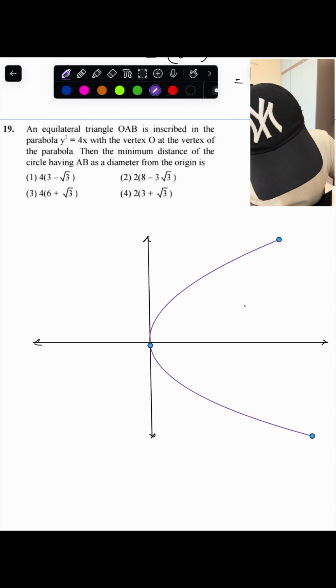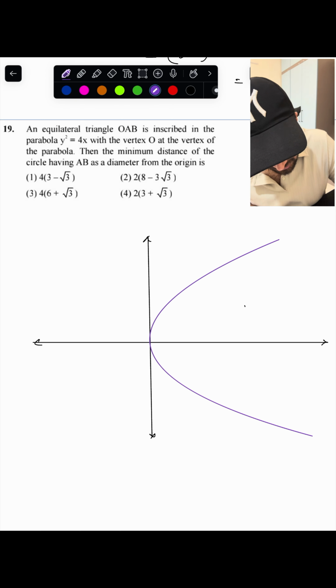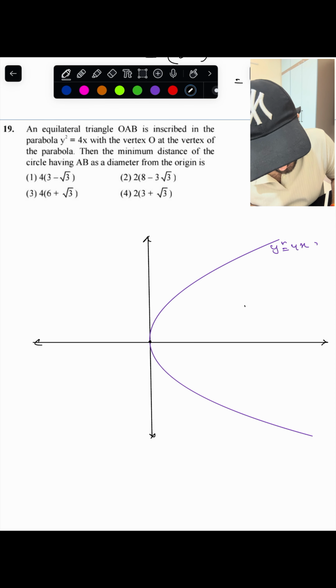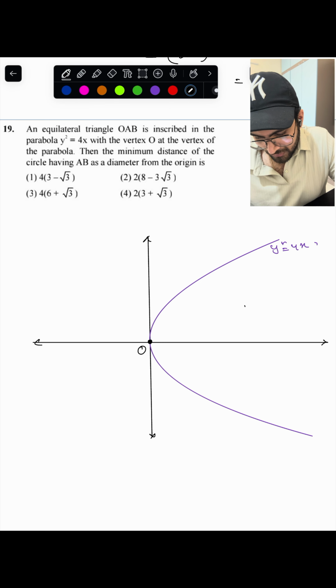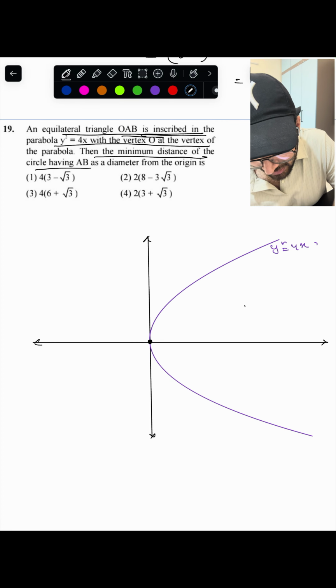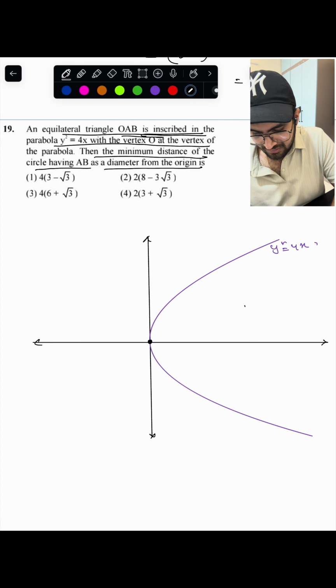Let me draw this parabola with vertex at origin. So this is the vertex, origin. Now an equilateral triangle OAB is inscribed in the parabola with vertex O. Then the minimum distance of the circle having AB as diameter from the origin.